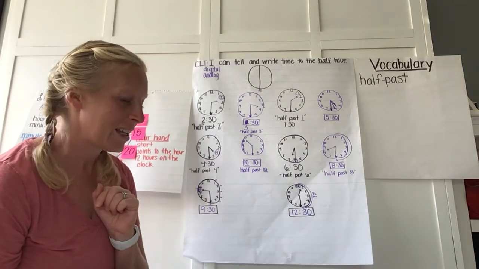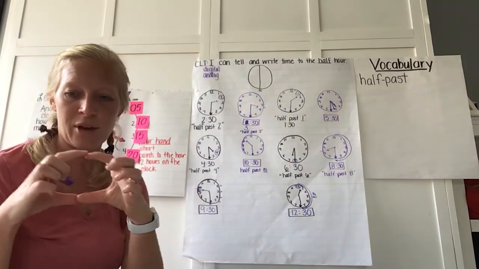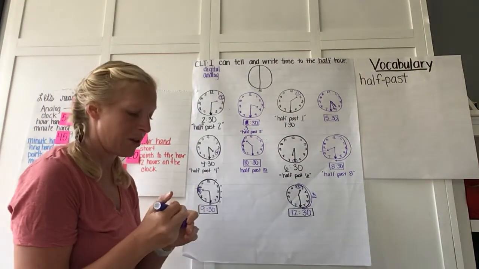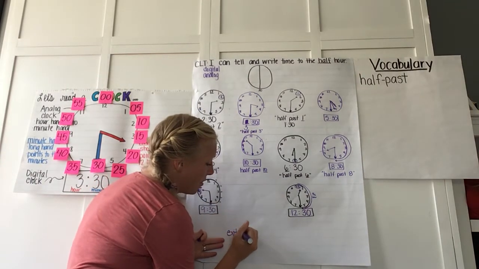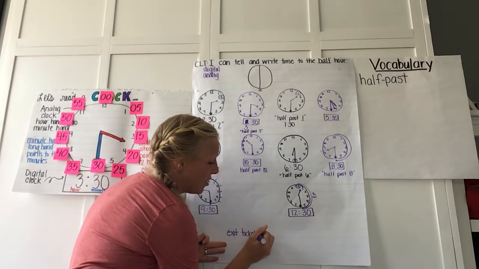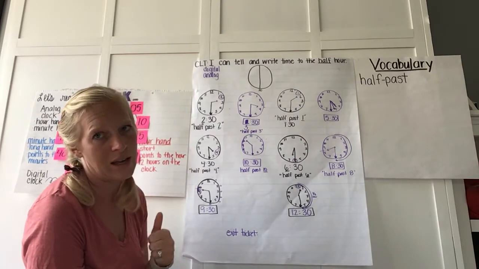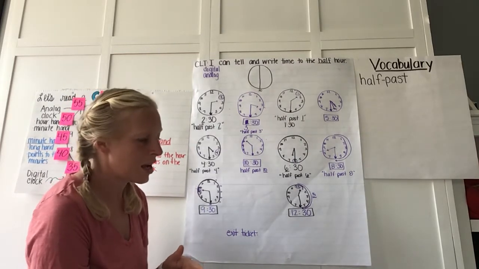Okay, your exit ticket. I'm going to give you a little paper with a clock on it, and you're going to draw the hands for this time. So this one's on your own. Remember, when you're done, you're either going to put it in the green basket. That means I am so good to go. I got this. The yellow basket of, I think I might have it.